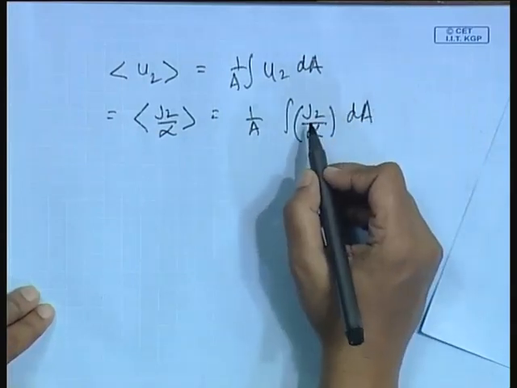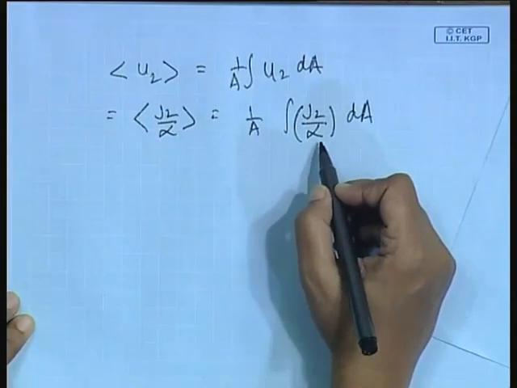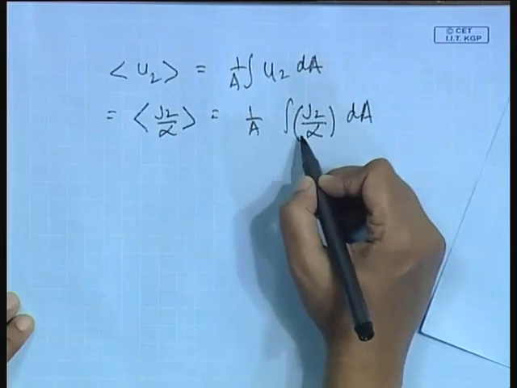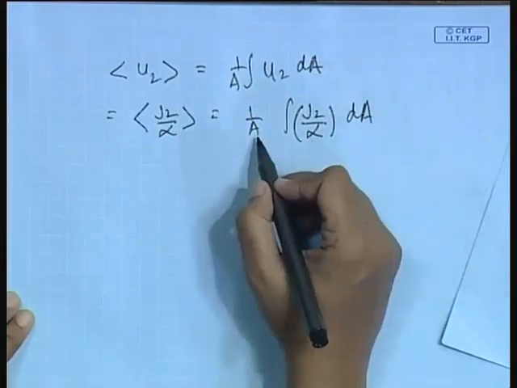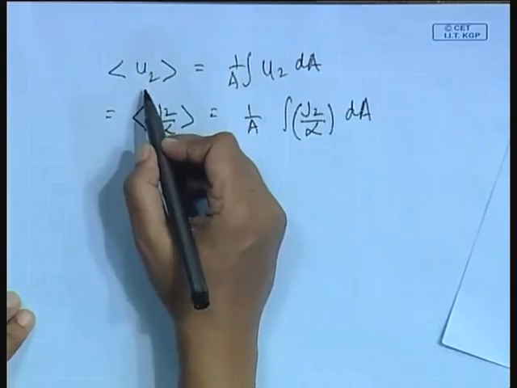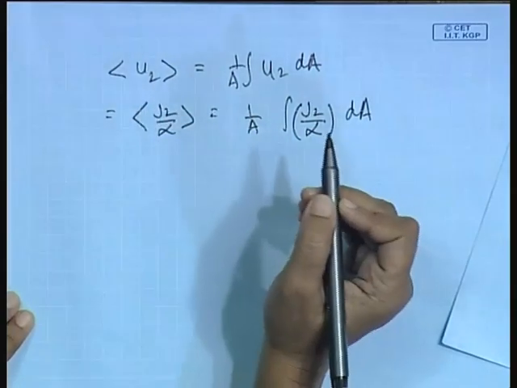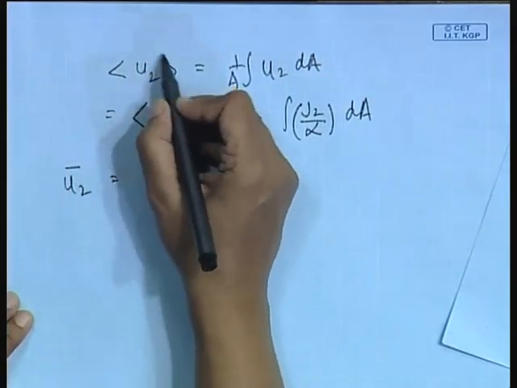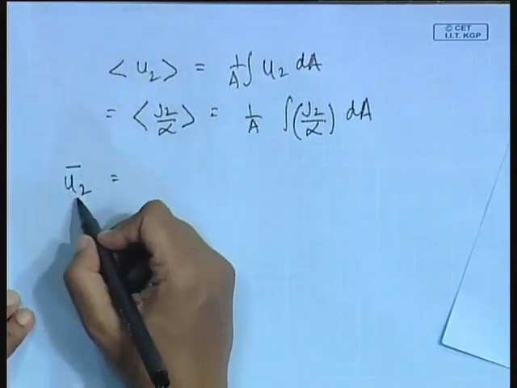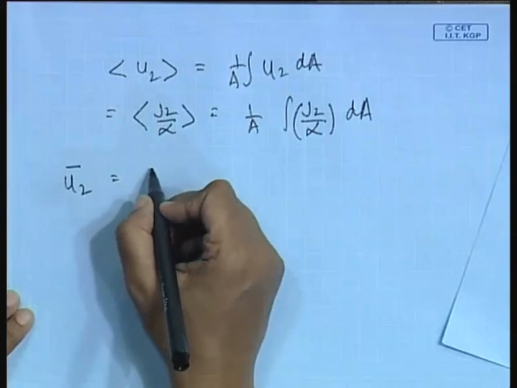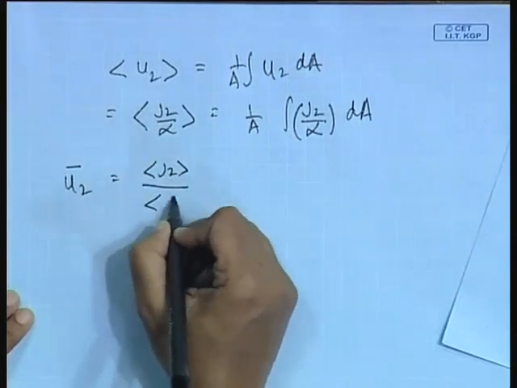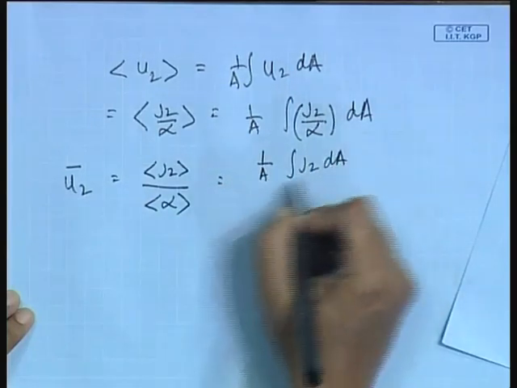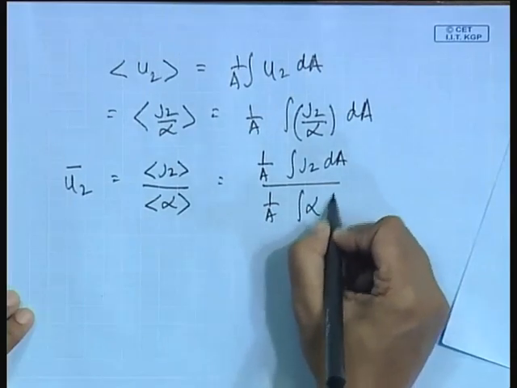That means for each particular point you measure J2, you measure alpha, you divide the two, get the quotient, and then that quotient you integrate over the entire cross sectional area divided by the area, that gives you the cross sectional average velocity. And when you talk about the weighted mean average velocity, this means the average J2 by the average alpha, which is nothing but equal to 1 by A integral J2 dA divided by 1 by A integral alpha dA.